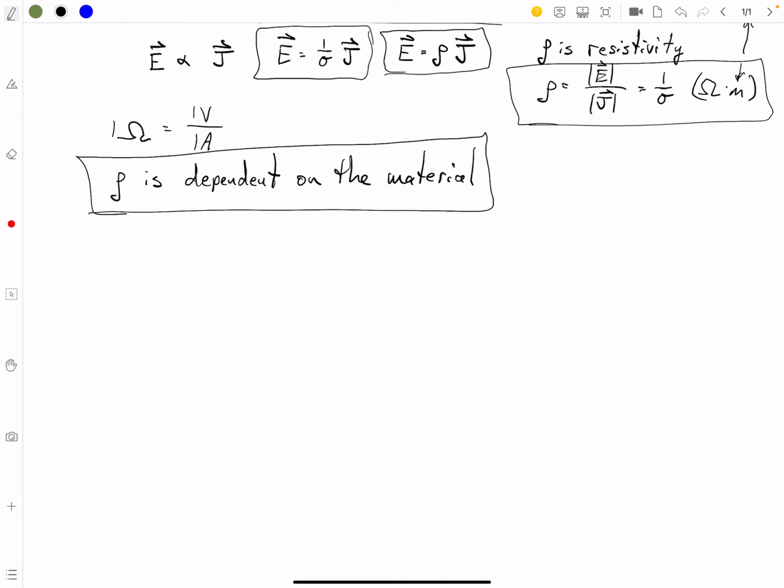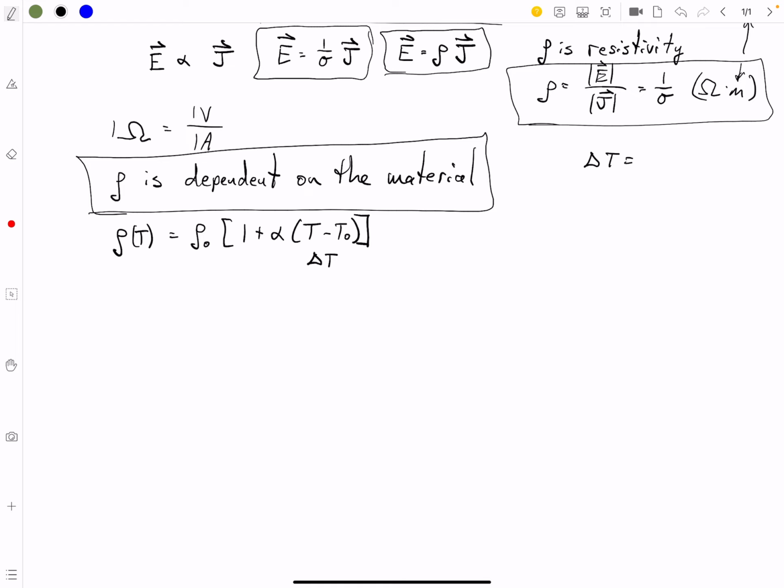What else is rho dependent on? Well, rho of temperature equals our rho naught times 1 plus alpha times delta T. You know what delta T really is, but every single time you see delta, I've said this 1,000 times, I'm going to keep saying it.